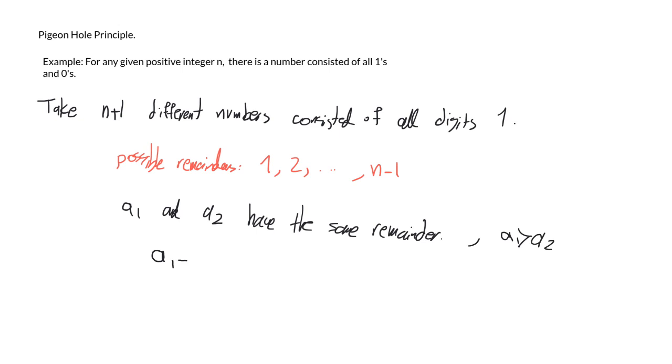Then consider the number A1 minus A2. Now when this number is divided by n, because both of them have the same remainder, the remainder will cancel out, and then it's divisible by n. And this is the number we were looking for, and it has the form that the question asks. I hope this was interesting, and I finish this session with this example.